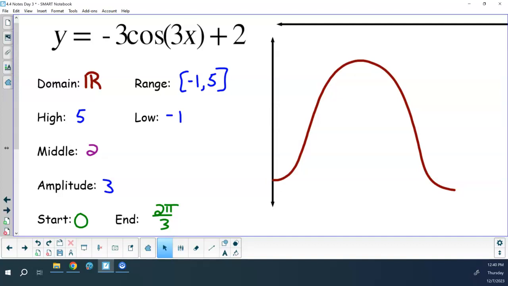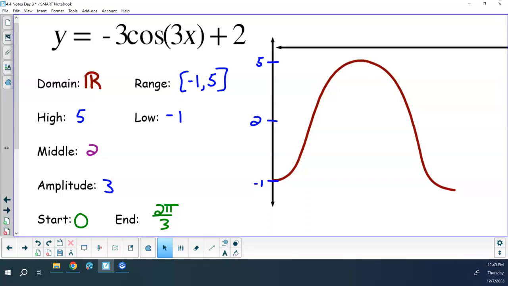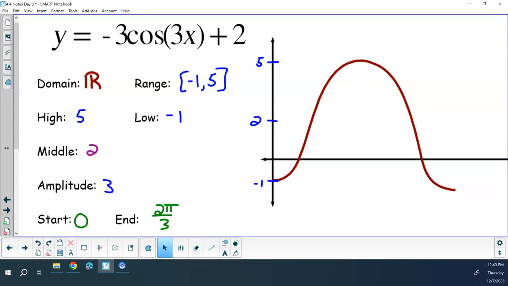My low is negative 1, my high is 5, which means my middle is at 2. Cosine curves normally start at the high, but this was the negative one, so it starts at the low. Put it in right about there.